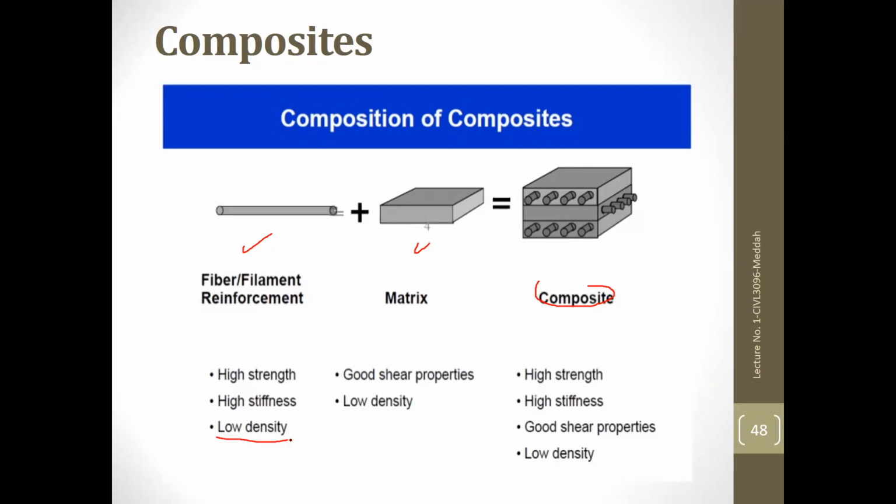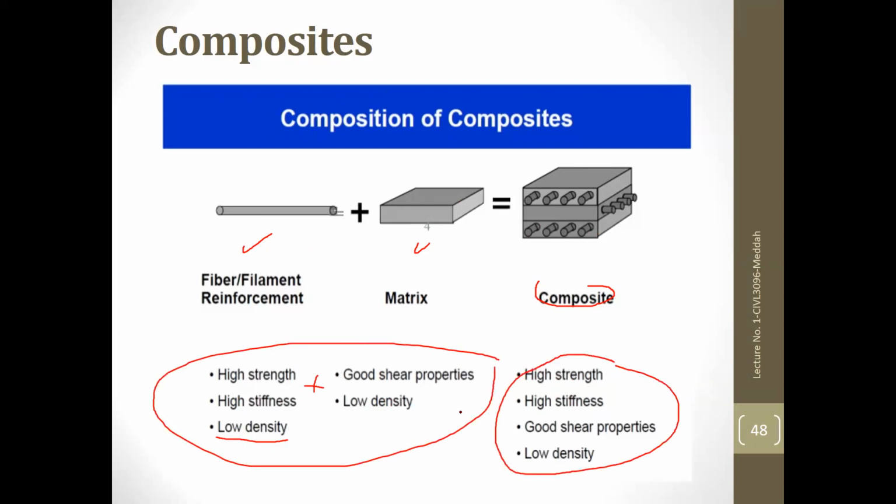So density will be reduced. So this is for metals. And then for the matrix, usually it has different properties, of course. So you combine these two together, so you will get all these together in one. And this is the idea of composite material.